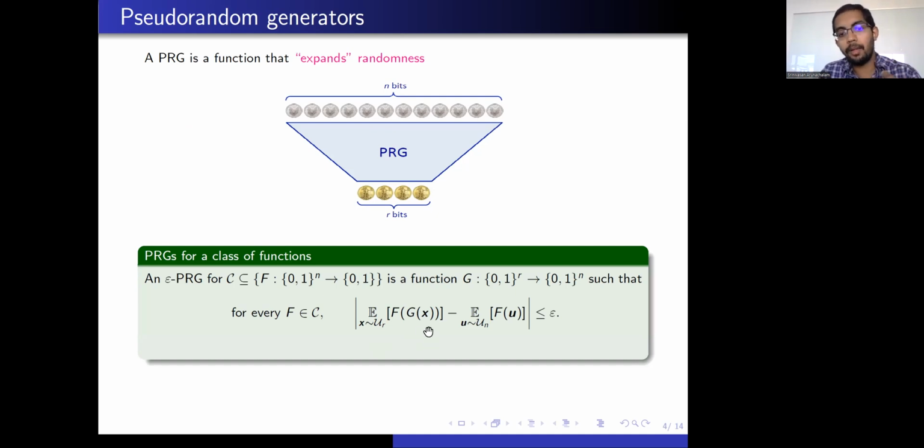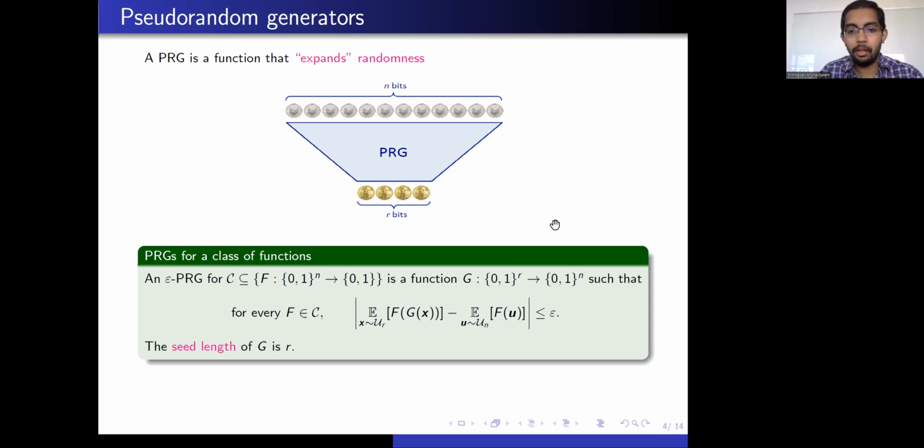What I mean by pseudorandom input is: first I pick a uniformly random R-bit string, I feed it into G, and I get an N-bit string out. Now I feed f either a uniformly random U or a pseudorandom G of X, and f in this class cannot distinguish which one it was given with bias greater than epsilon. So we say G is an epsilon PRG for this class of functions.